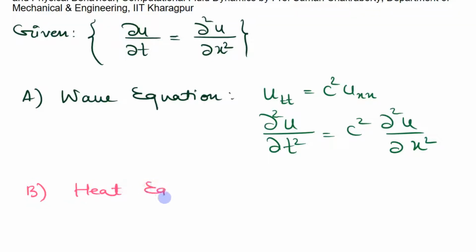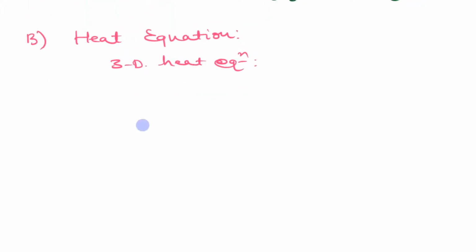Heat equation. Now the 3D heat equation, in vector form we can write it as Laplacian of temperature plus Q by K is equal to 1 upon alpha times the change of temperature with respect to time.